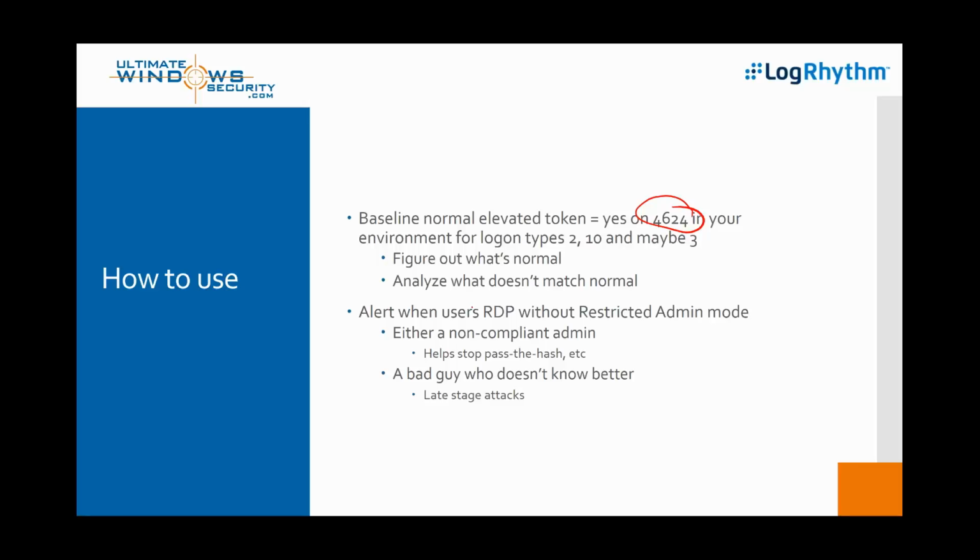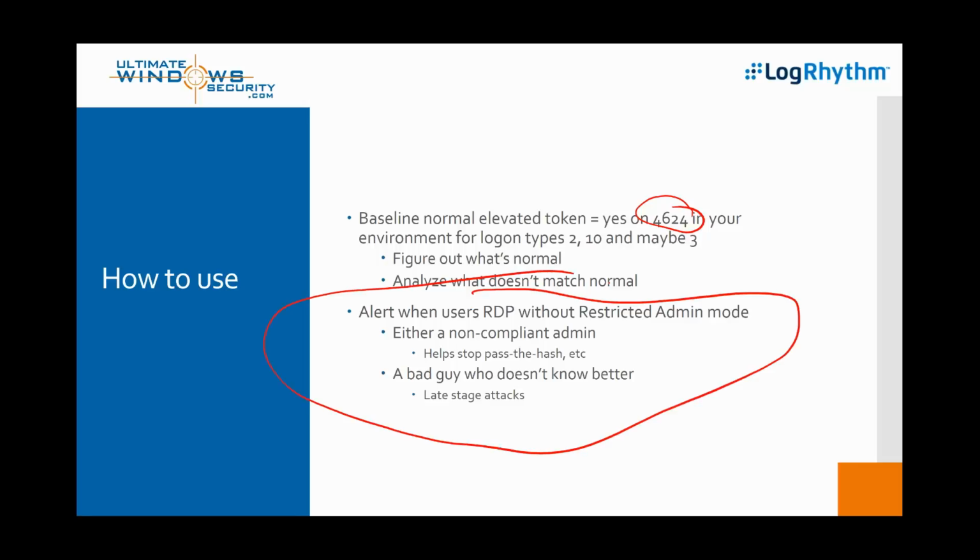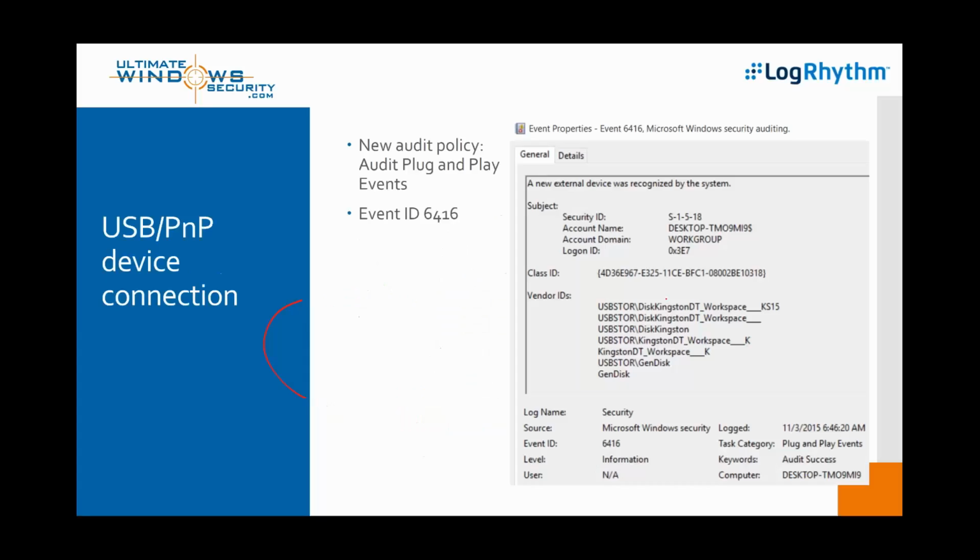Draw some generalizations, and then create lists and dashboards, or maybe even alerts that show you when you fall out of that normal usage scenario. You might want to alert, as I said, when admin users log on without restricted admin mode. That can either be a non-compliant admin who just isn't following the directions, or it could be a bad guy who doesn't know better, and we're talking about a late-stage attack at that point.